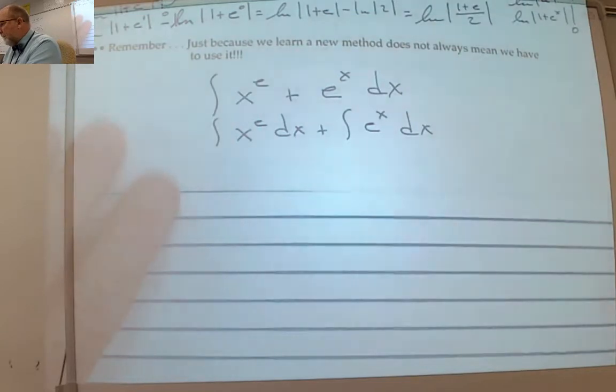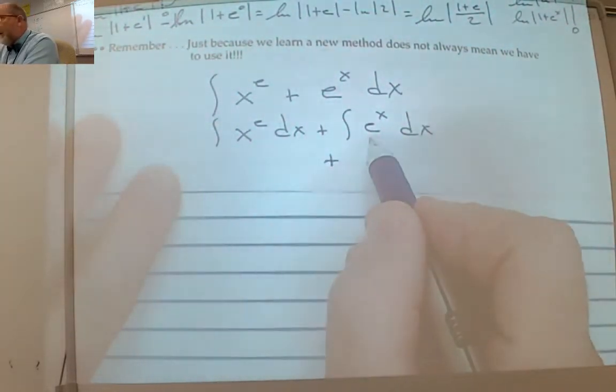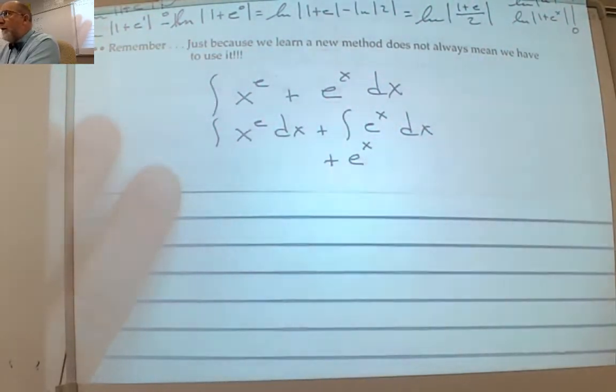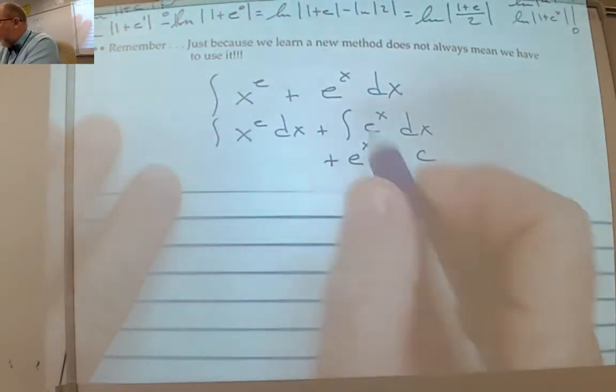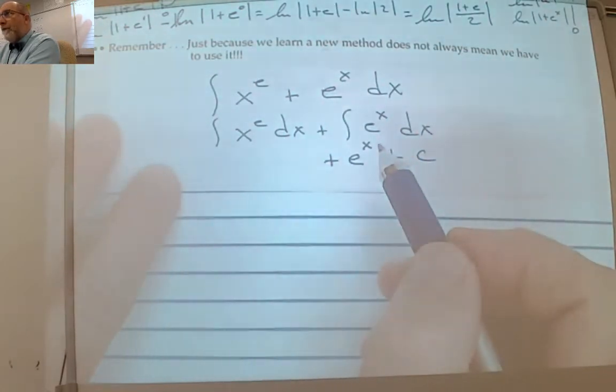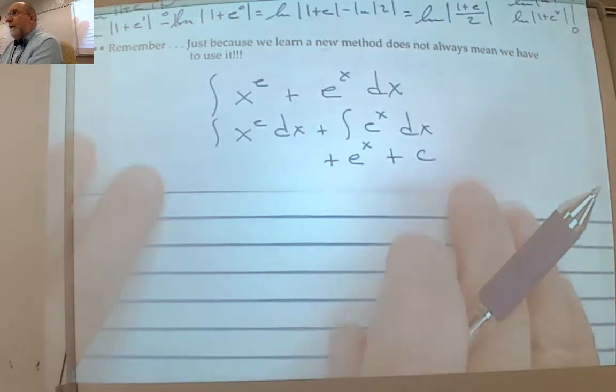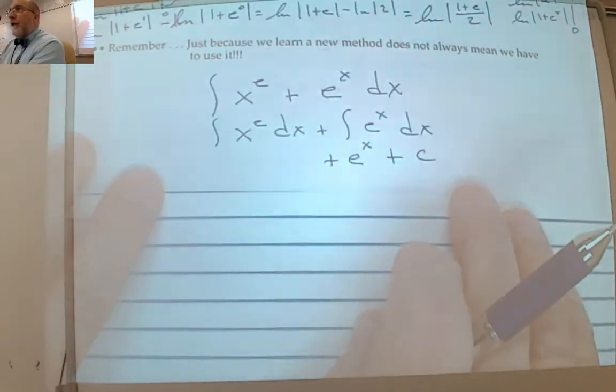Logan, you're going to do one of these, and Jack's going to do the other one. Which one do you want to do? What is the antiderivative of e to the x? E to the x. I'm going to have you do one additional thing. You got to put the plus what? Plus c. Right? Because there's no boundaries, right? There's no upper and lower boundary.